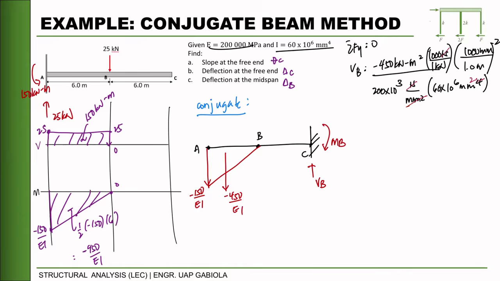Cancel here, here, here. And then there will be 1 squared, and then another moment here at the denominator. So no unit will be left. So VB is actually a radian quantity, or the unit is in radian.